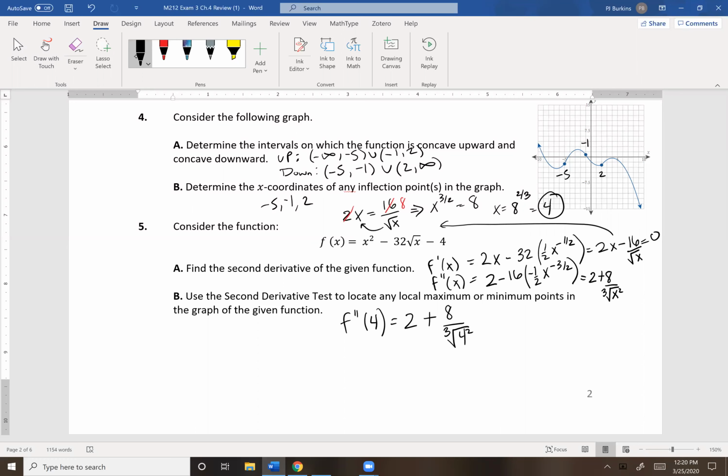It's not going to be something nice. So regardless, it's positive, which means x equal 4 is a local min. And that is in 4.1, if you guys wanted to go back and review that.